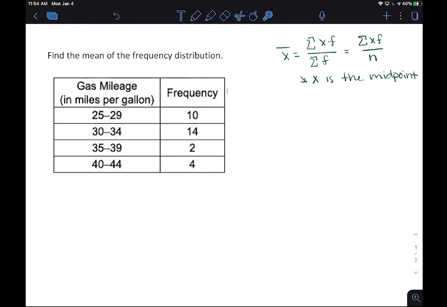The reason why is because what this table is saying is that there's 10 numbers that fall between 25 and 29. So that could be like 25, 25, 26, 26, 26, and listing them all out. So what we do when we find this mean is we just assume that all of those values are the midpoint.